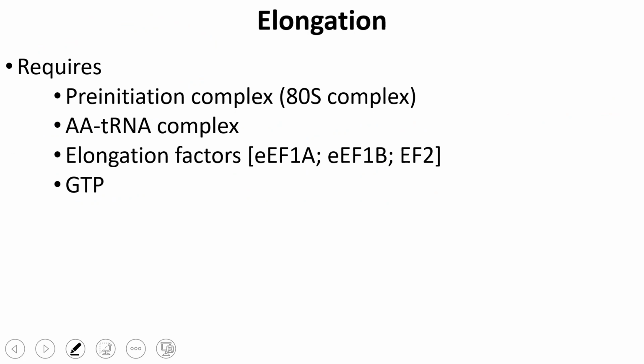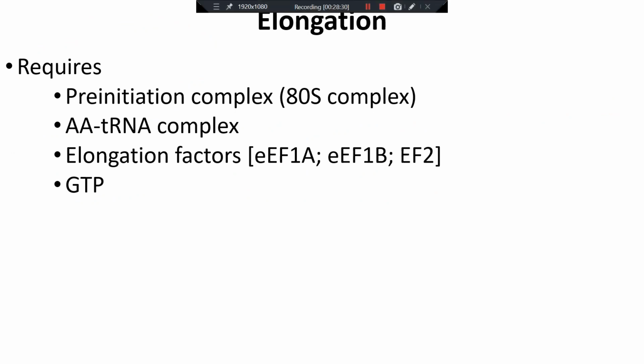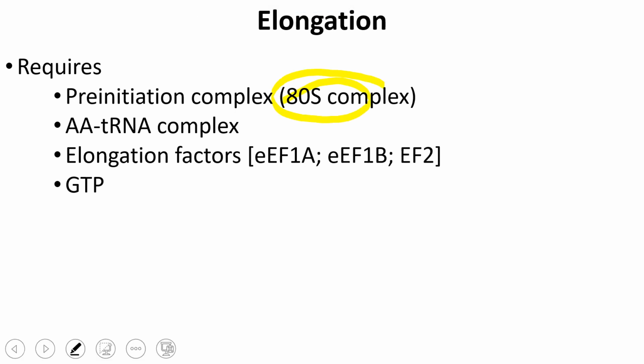Now we are going to see the elongation process of protein synthesis, the third step of protein synthesis. In this elongation step, we require certain factors and components. The first is the pre-initiation complex, which is nothing but the 80S complex from the previous cycle. Then we require aminoacyl-loaded tRNA for all other amino acids.